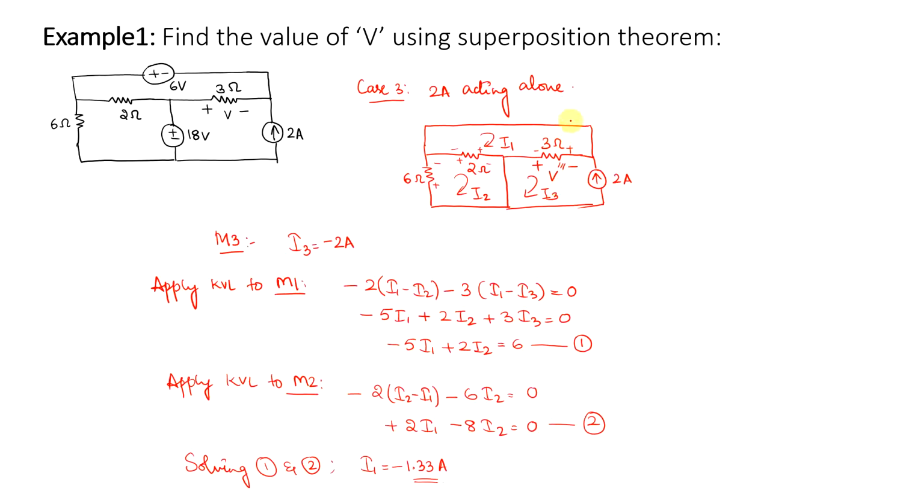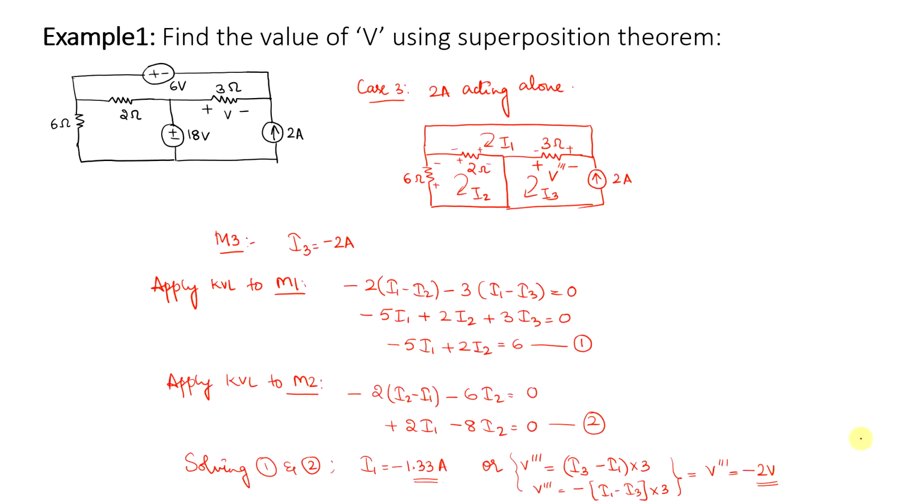So I can write this equation for voltage V triple dash as equal to I3 minus I1 into 3 ohms, or I can also write this as V triple dash is equal to minus of I1 minus I3 into 3. The result will be the same. Whatever you do, V triple dash is going to remain the same. You get this value as minus 2 volt.